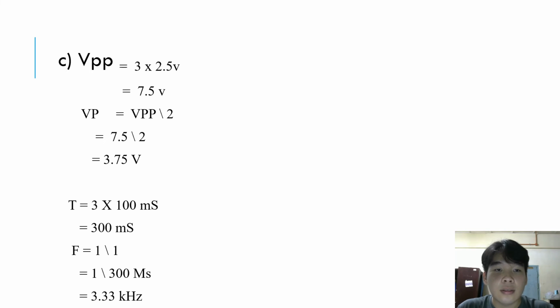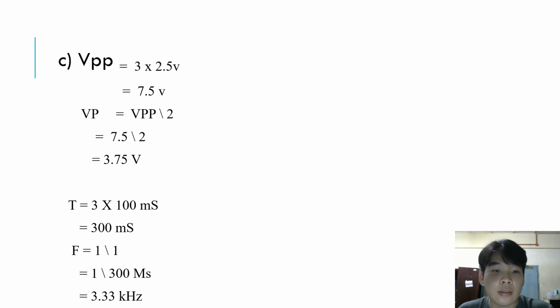So okay, the next answer is C. The calculation will be like this. VPP equals 3 times 2.5 volt equals 7.5 volt, and then VP is VPP over 2, which is equal to 7.5 over 2, and the answer is 3.75 volt.